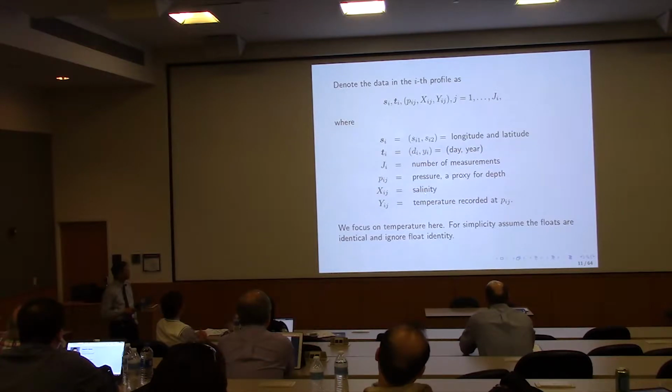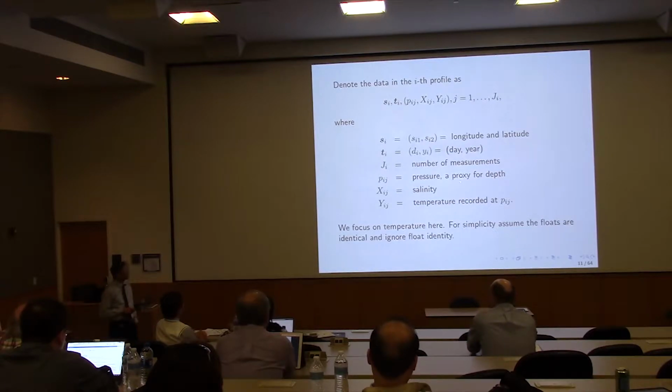And then the number of temperature and salinity measurements in the profile per cycle. So X denotes salinity, Y denotes temperature, and P_ij denotes pressure, and the unit for that is dbar, decibar, which is roughly the same as meters, and that's a proxy for depth.